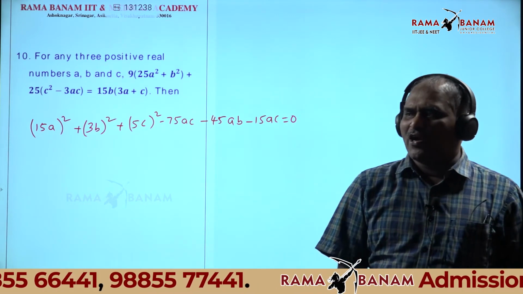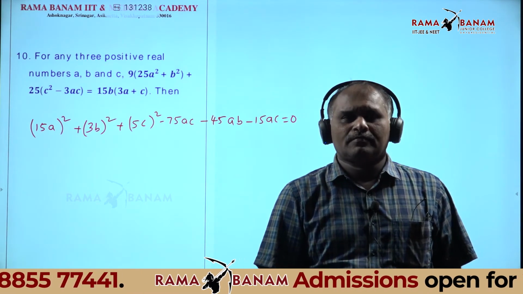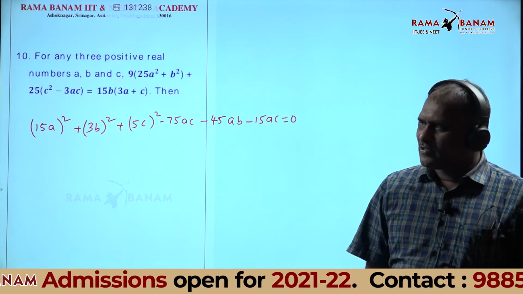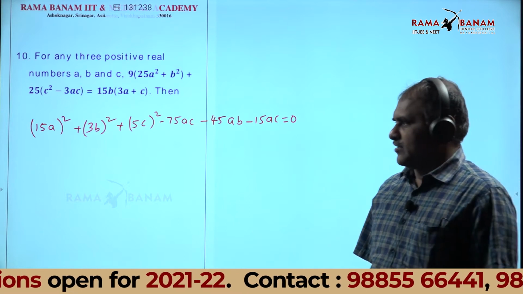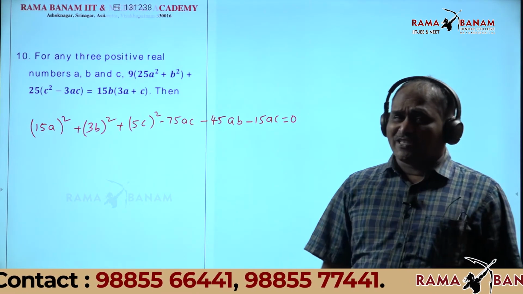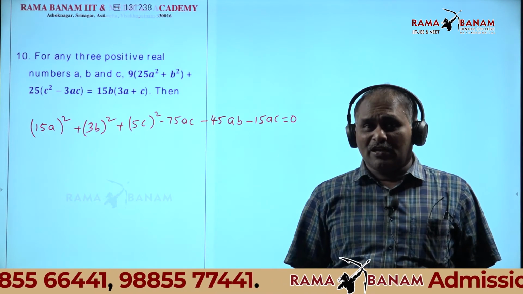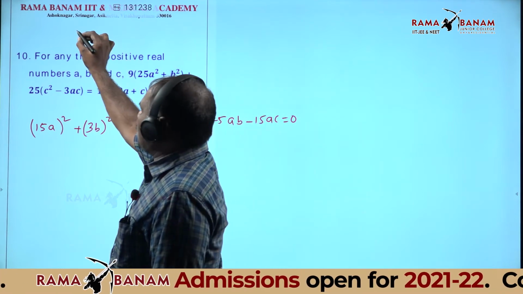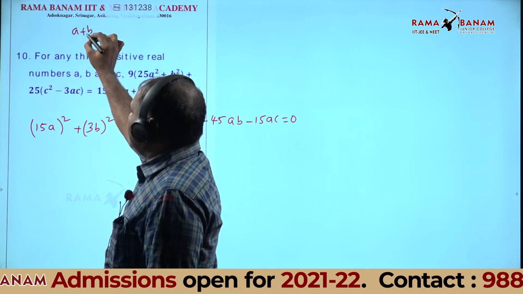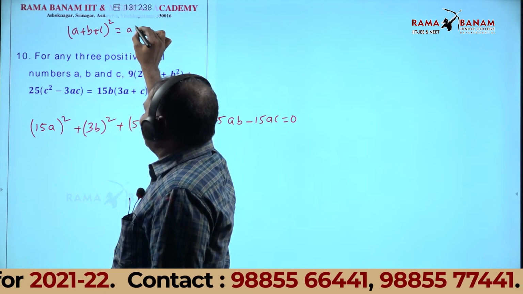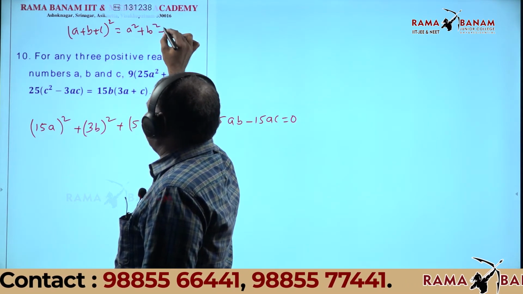Any doubt in this one? No, sir. Okay. Here I wrote it like this. In such questions, what is the a plus b plus c whole square formula? a square plus b square plus c square plus 2 times of (ab plus bc plus ca). Not minus, plus.